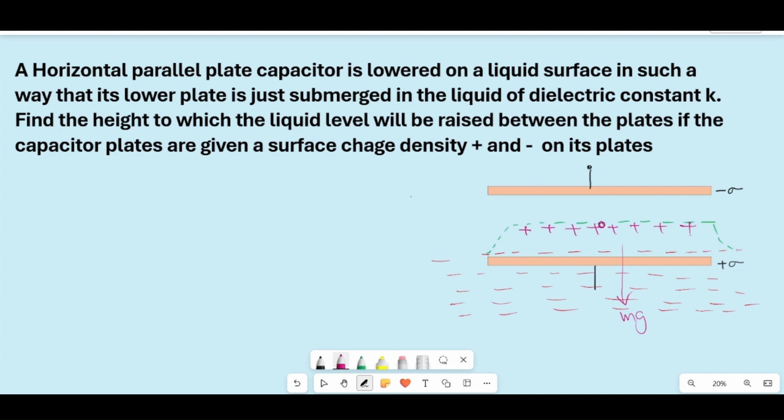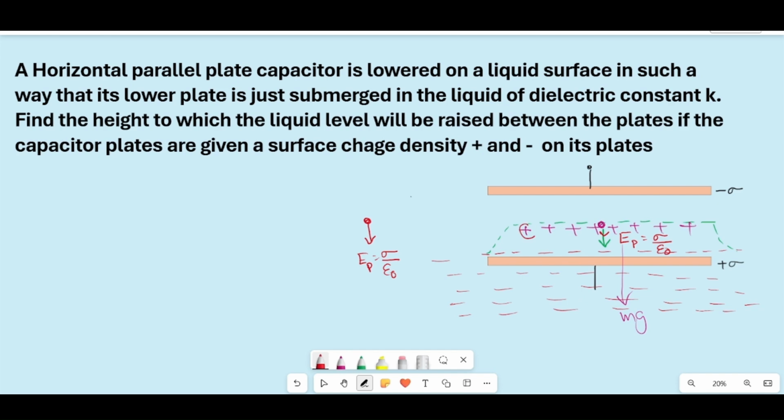At point P, the electric field due to the negatively charged plate is sigma by 2 epsilon naught, acting downward, and due to the positively charged plate it is also sigma by 2 epsilon naught. So the total electric field due to the charged plates at point P is sigma by epsilon naught.